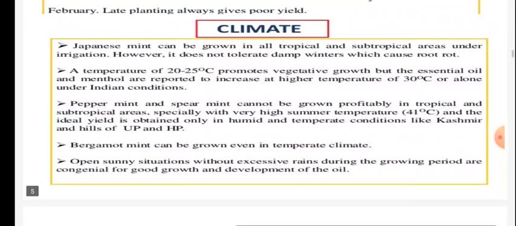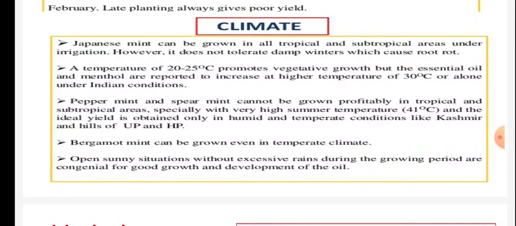In climate, Japanese mint is generally tropical and subtropical, so 20 to 25 degrees Celsius is favorable. The plant also grows up to 30 °C, as per Indian conditions.